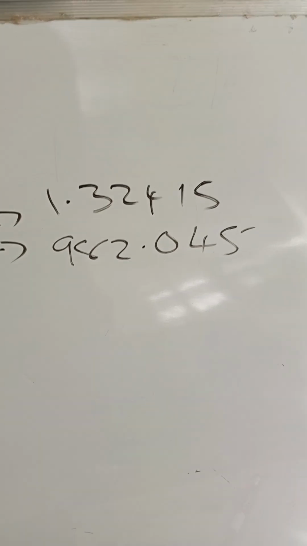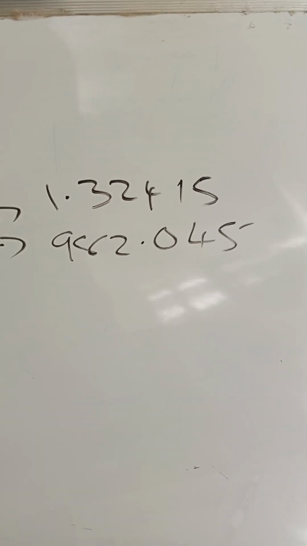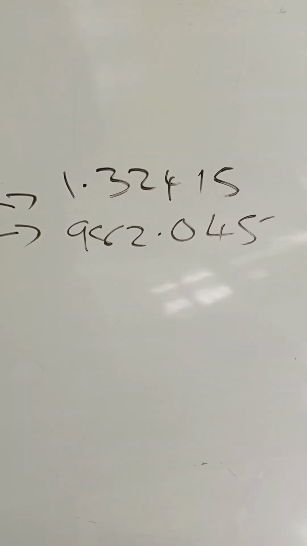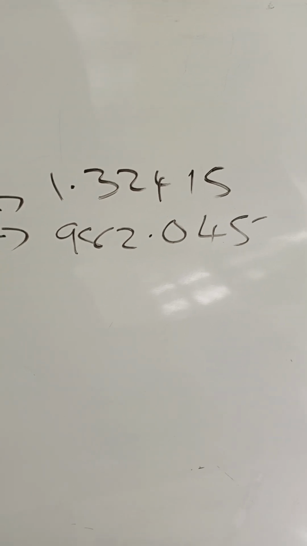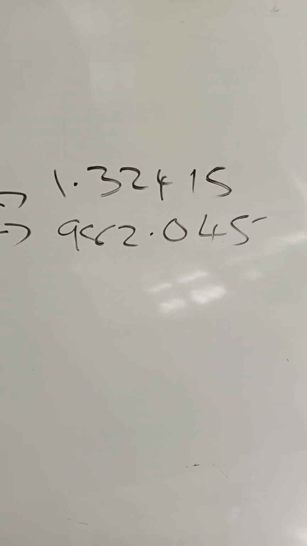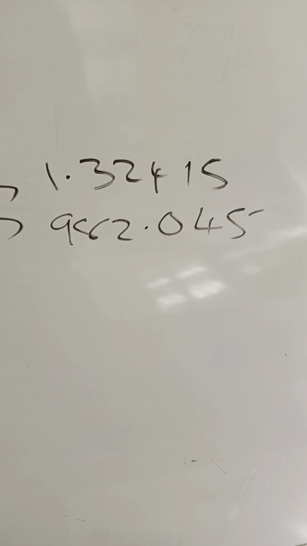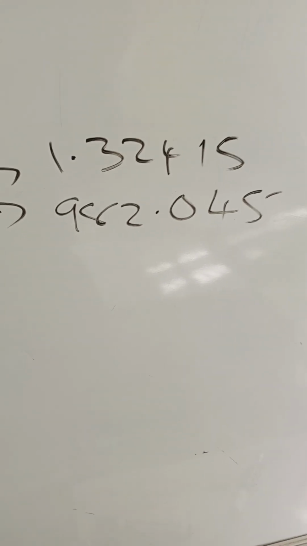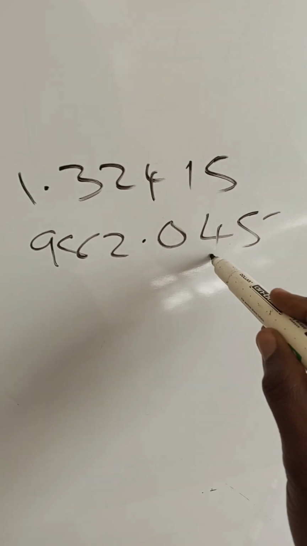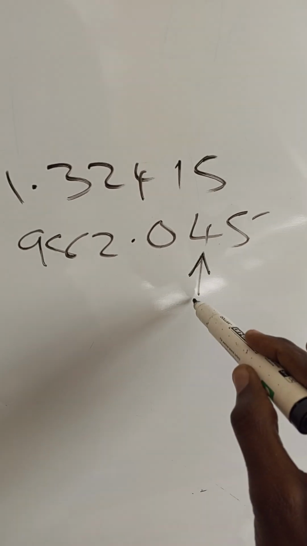The first thing that you need to understand is that for any pair with JPY, the pip value is the second figure after the decimal point. So in this case, the pip is actually this one here.